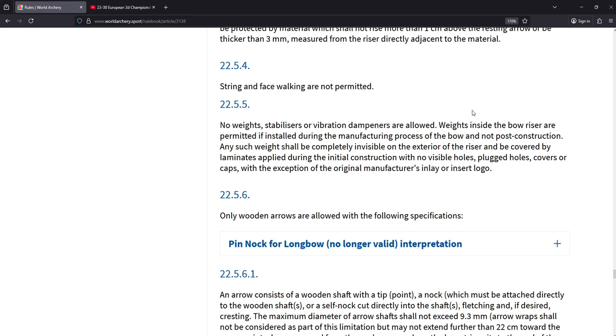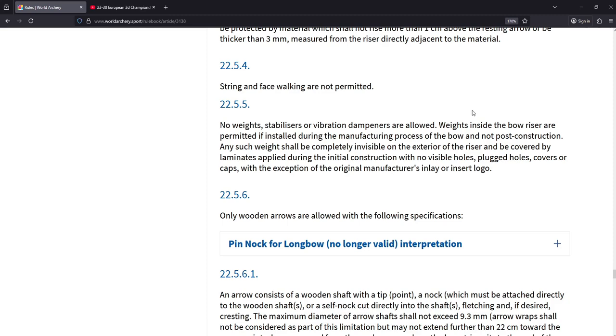This is popular with bare bow and traditional because depending on what your anchor point is, you might tune your bow to shoot at a very specific distance. Let's say you anchor on your cheekbone for a 30-meter shot, and then you change your anchor point for a longer shot or a shorter shot. That's not allowed in longbow. You can only use one anchor point. If you change your anchor point between different rounds or ends, you are disqualified.